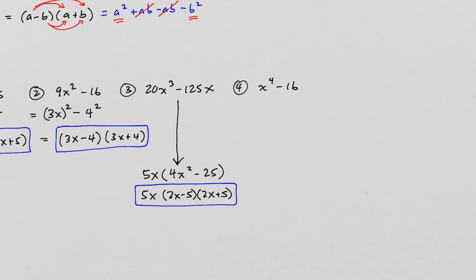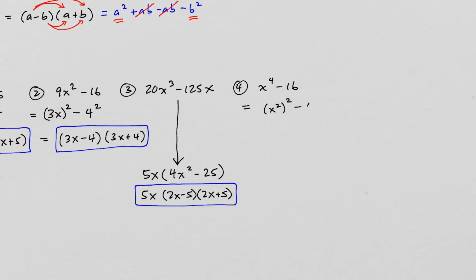Now in our final example for the difference of two squares, you actually don't have a square at all here, you have a fourth power. But a fourth power actually is a perfect square because x to the fourth power can be thought of as x squared quantity squared, because if you multiply 2 times 2, you get 4.